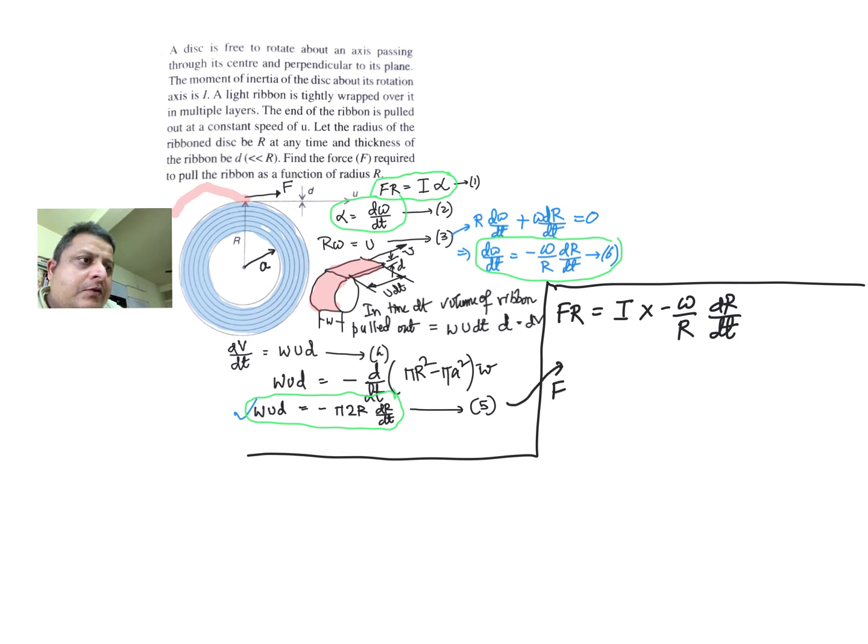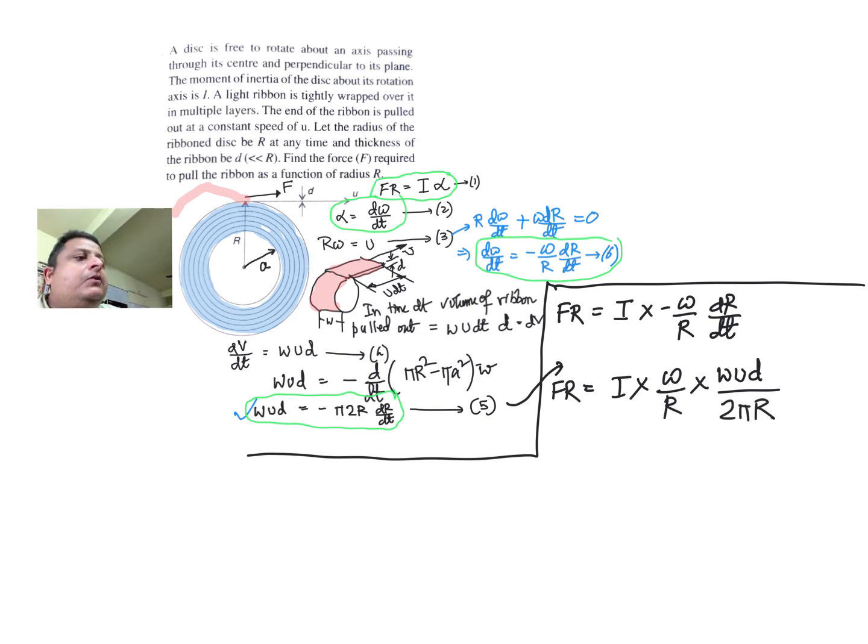So F times r equals I times, the minus sign cancels out, w u d divided by 2 pi r.